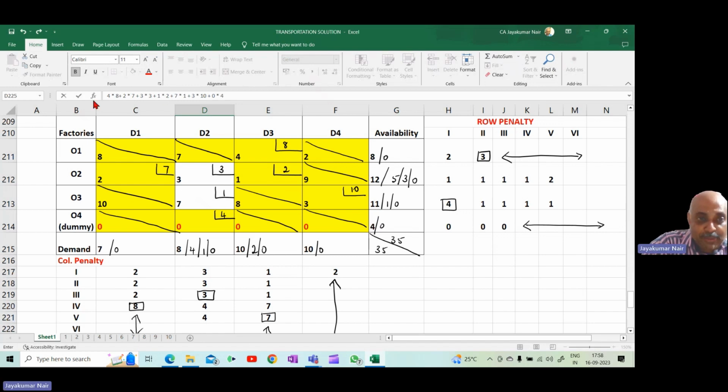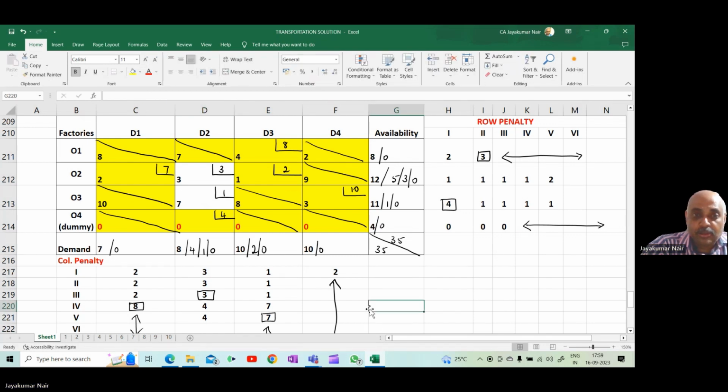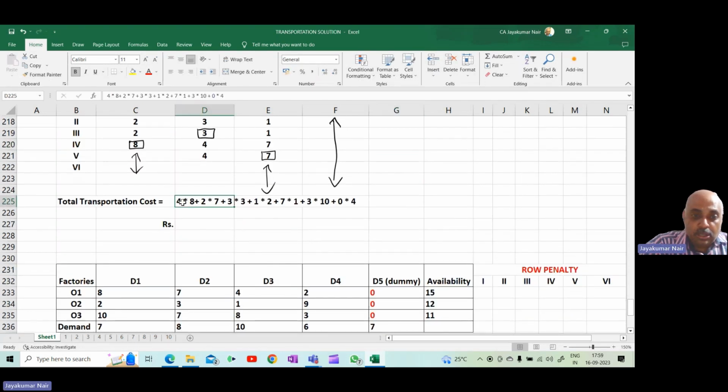So if you want to find out what is the total transportation cost, it is 94. 94 is the transportation cost.